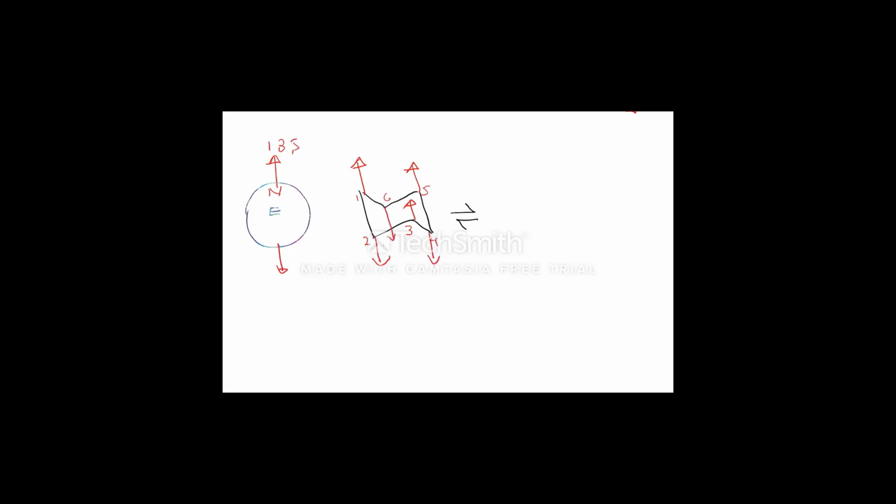So they all are on the axis, so we say axial. 2, 4, 6 to the south and 1, 3, 5 to the north.